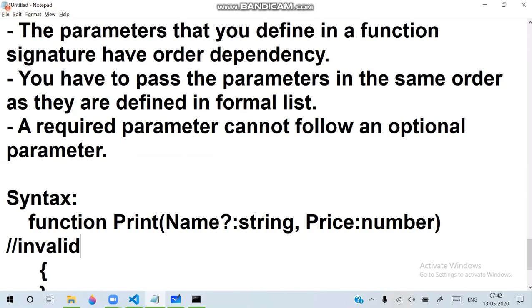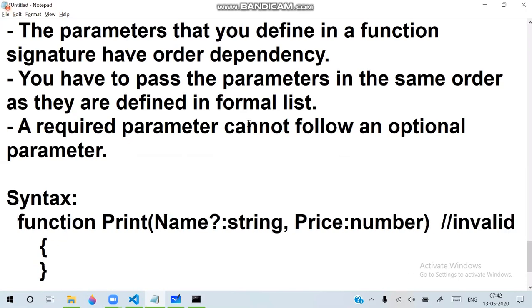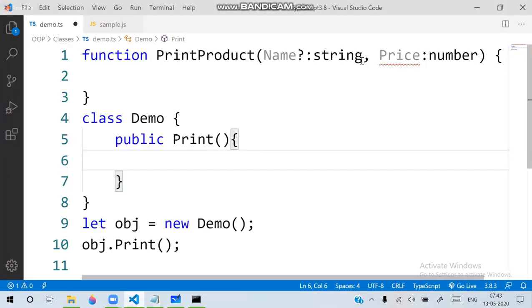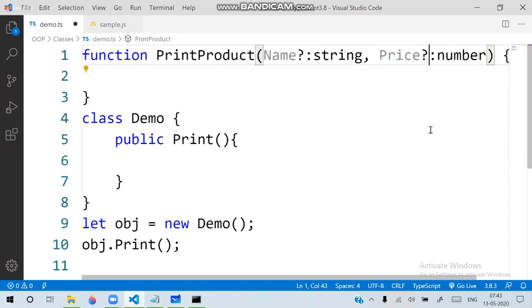Why? Because name is optional and price is required, and a required parameter cannot follow an optional parameter. So it's important that if you have an optional parameter, the price also must be an optional parameter.